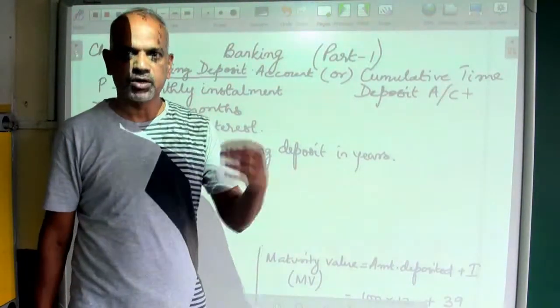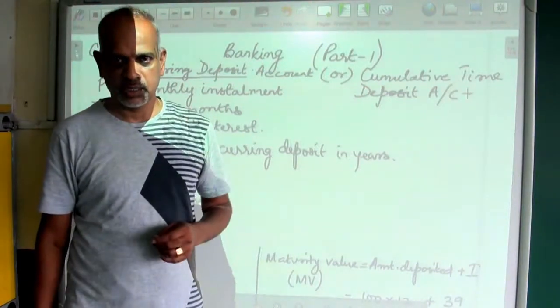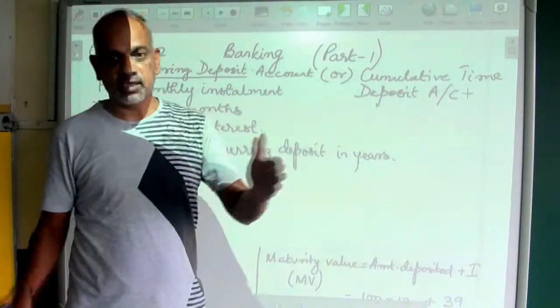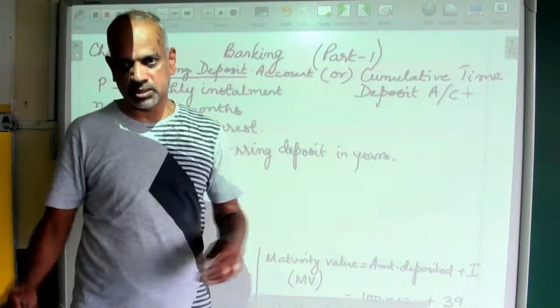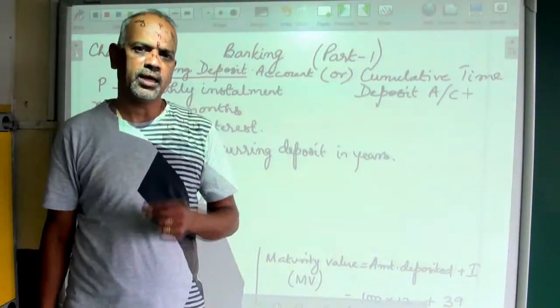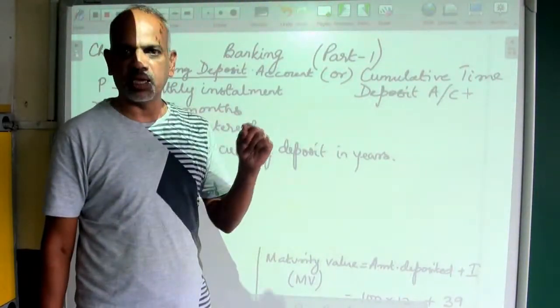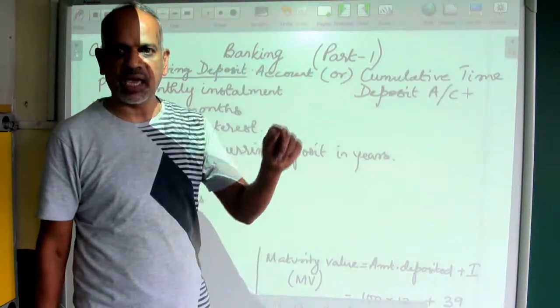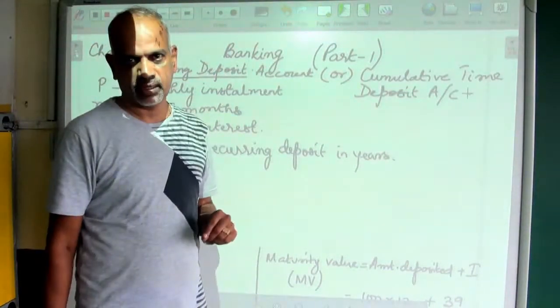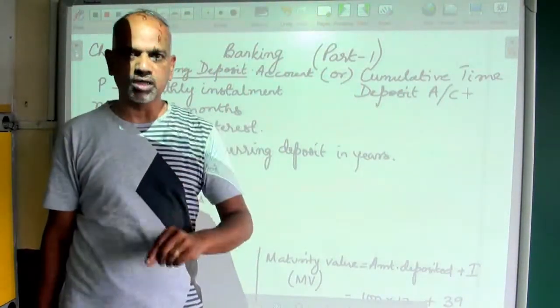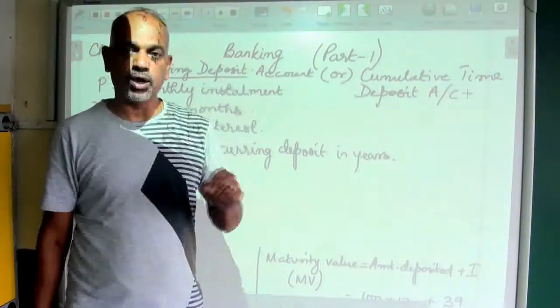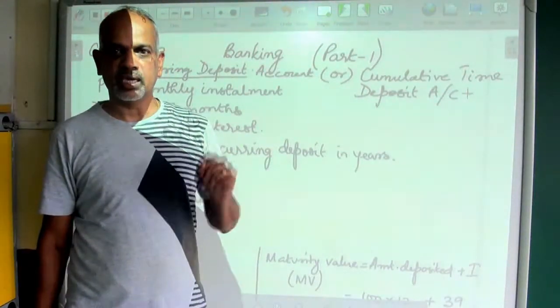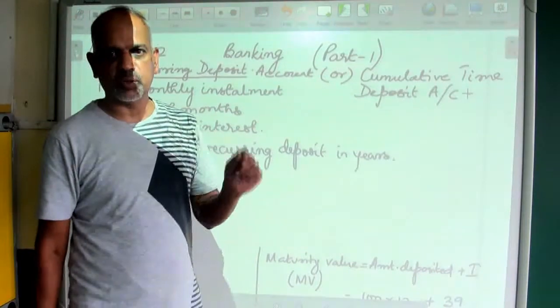Then October, November, December, and so on. Till, say, if the time period was for 12 months, 1 year, then your last deposit will be in the month of July 2022. You started the account in August 2021, and your last deposit will be in the month of July 2022.